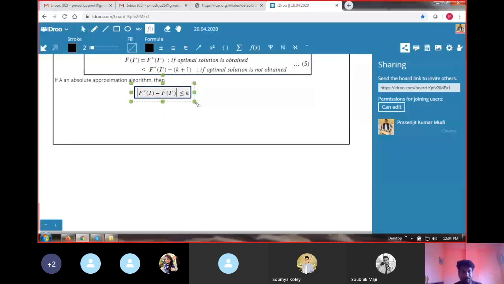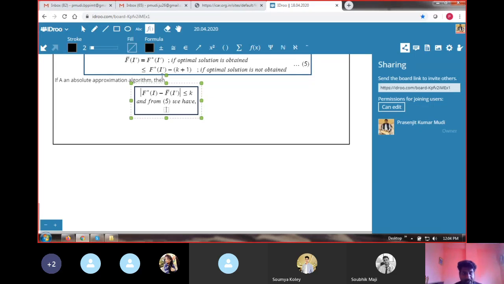Okay, so then what is the value of f bar I dash? We have from 5, f bar I dash is less than or equal to f star I dash minus k plus 1.